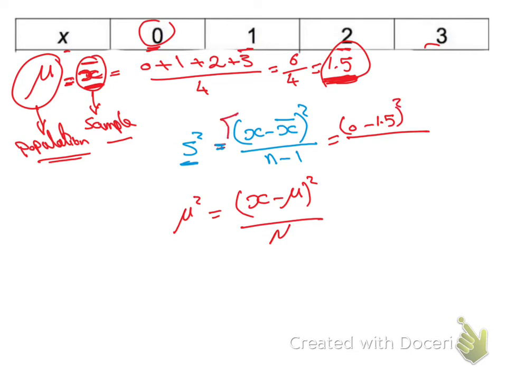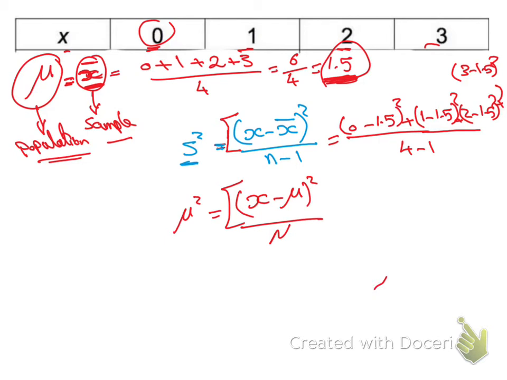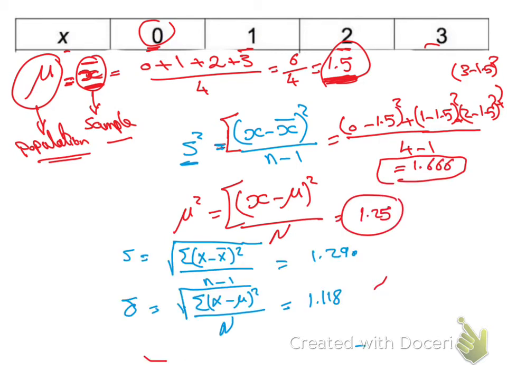Here it is the sum of them, plus 1 minus 1.5 squared, plus 2 minus 1.5 squared, plus 3 minus 1.5 squared, divided by n, which is 4, minus 1. I have done the calculation here in order to save time.